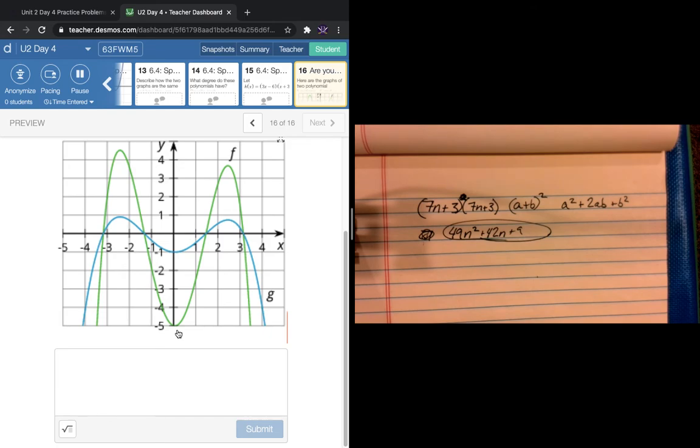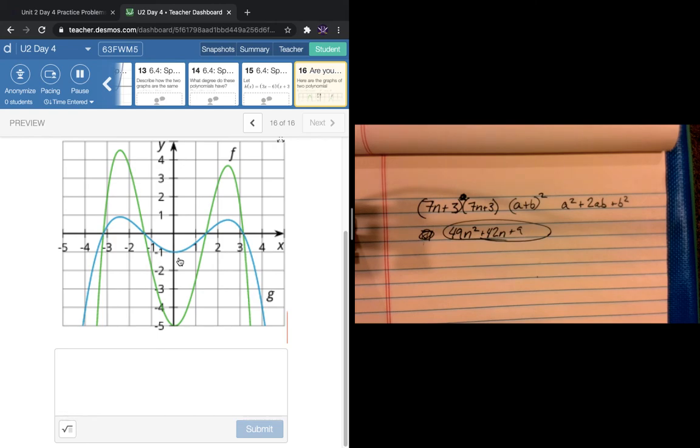Does anybody know? We're taking it and we're shrinking it down. So I'm going from 5 to 1. So we could say that we're dividing that by 5, or multiplying by 1/5. 1/5 would be the answer.